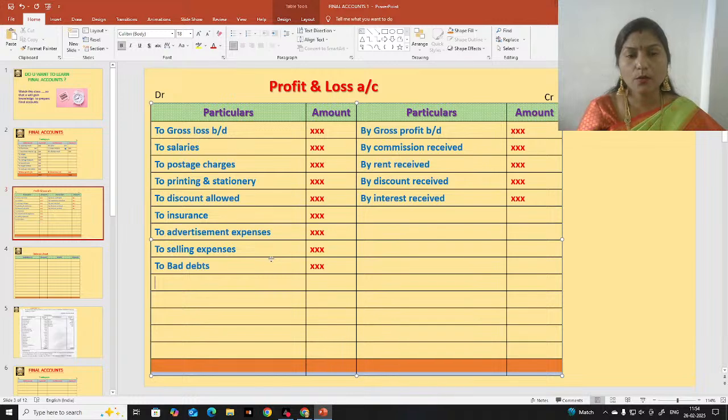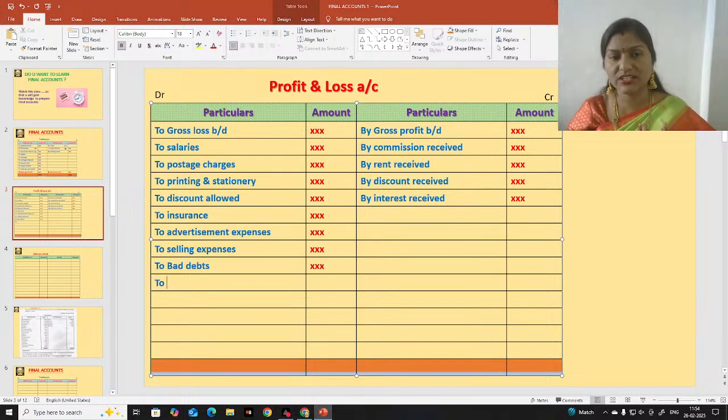Okay, so next the other item is to. We recorded salaries, postage charges, printing and stationery, discount allowed, insurance, selling expenses, bad debts. These are regular items that we should remember.